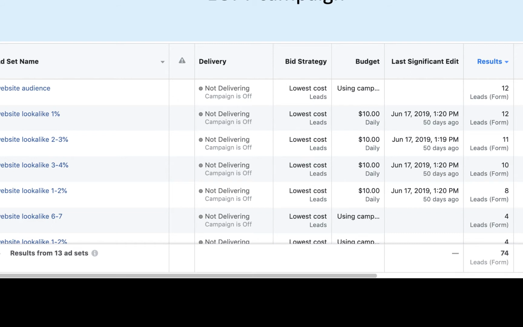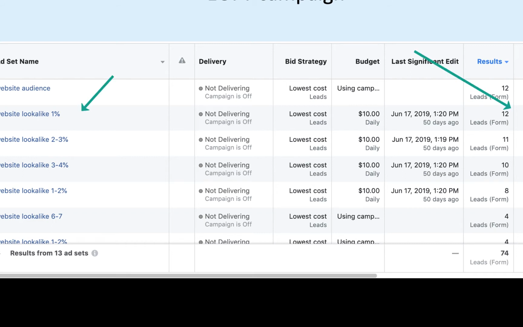Taking a look now at what happened with our end of financial year campaign. We know that we got 74 leads, but looking at the results section, we can see that the best performing audience for us was our website audience, which gave us 12. If that was the only audience that we could utilize, we would have been restricted to just 12 lead forms, but we weren't, we got 74.